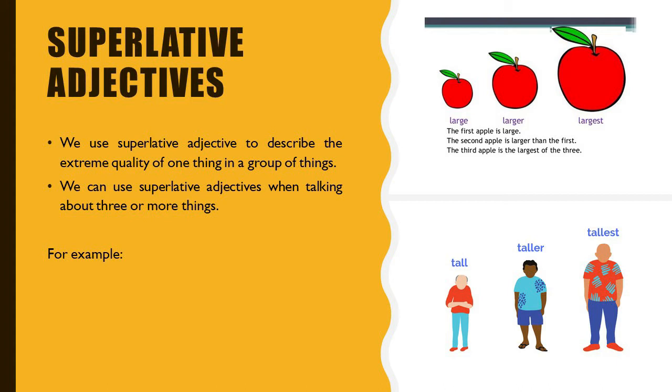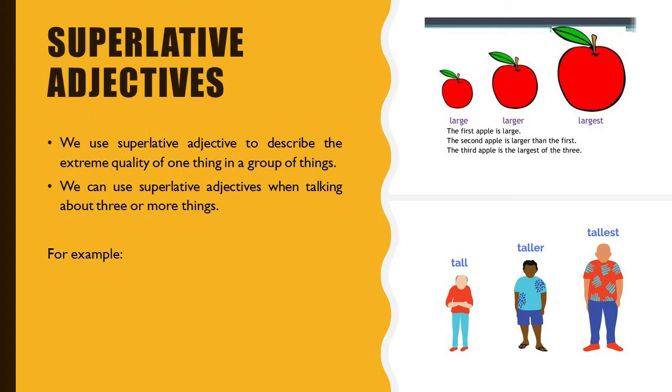For example, we have here large, larger, and largest, right? So we can say the first apple is large. This is a normal sentence. The second apple is larger than the first, right?